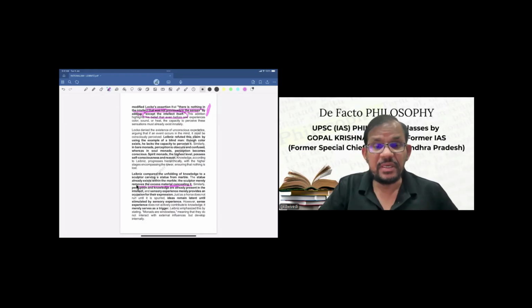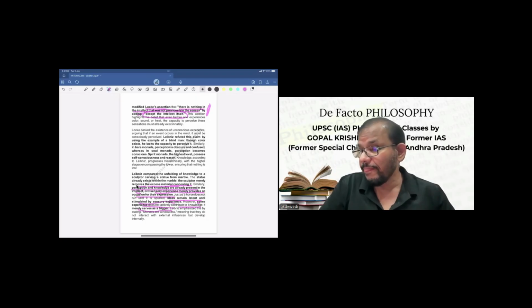Similarly, perception and knowledge are already present in the intellect, and sensory experience merely provides an occasion for their expression. Ideas remain latent until stimulated by sensory experience. However, sense experience does not actively contribute to knowledge. It merely serves as a trigger.